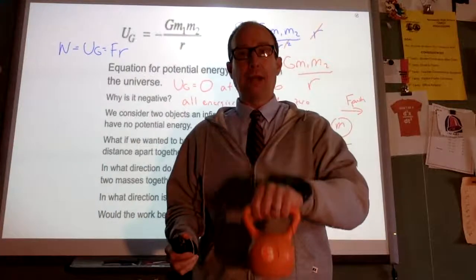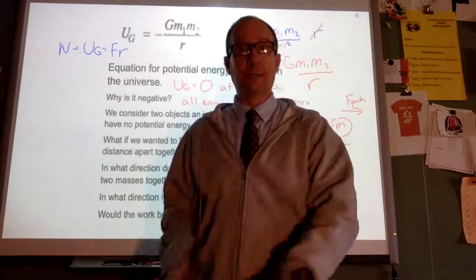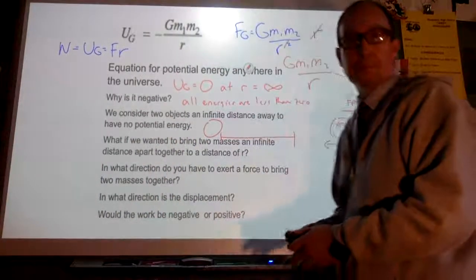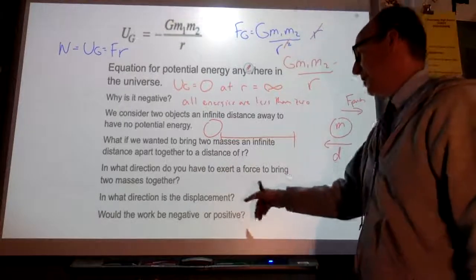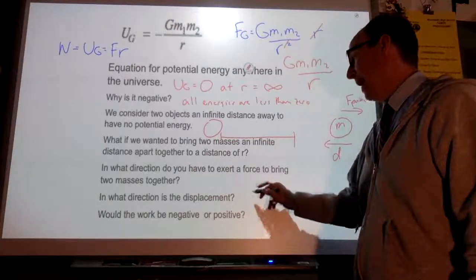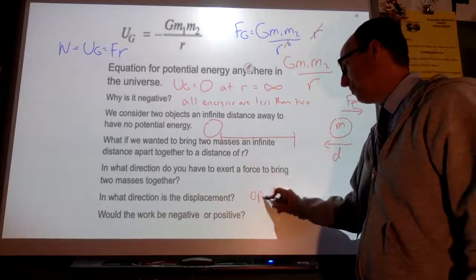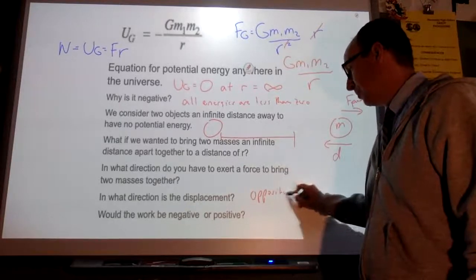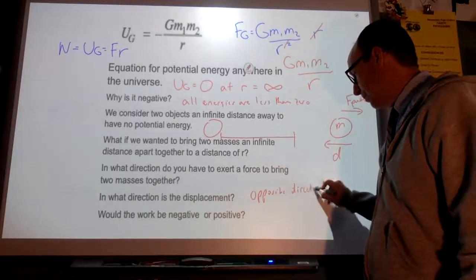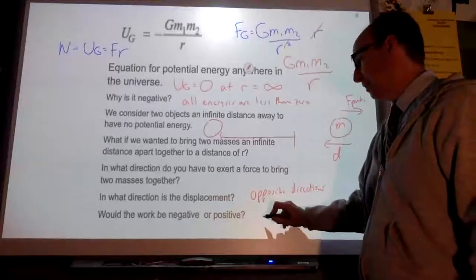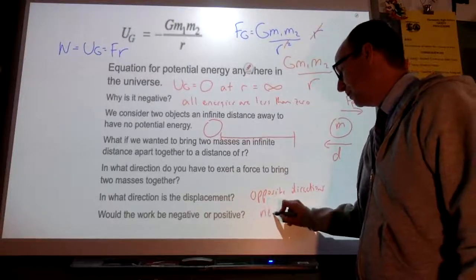Which is weird, just like I said, when I lower this, I'm actually exerting a force up to lower it. And so since the force and the displacement are in opposite directions, that makes my work negative.